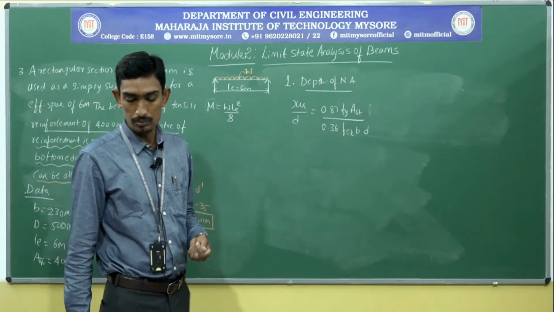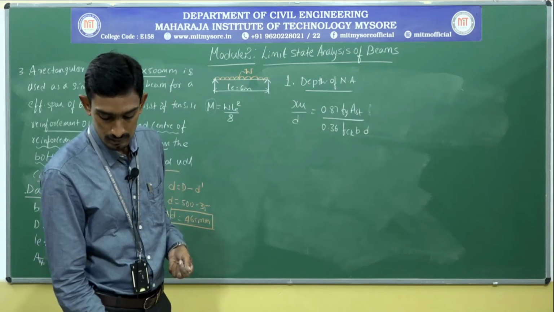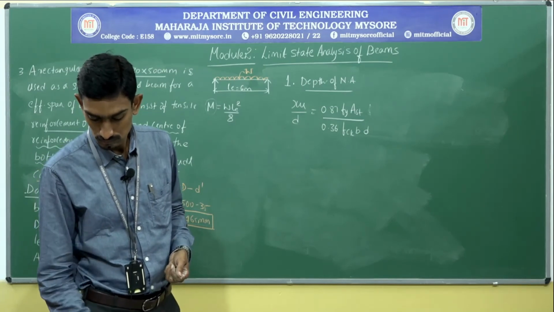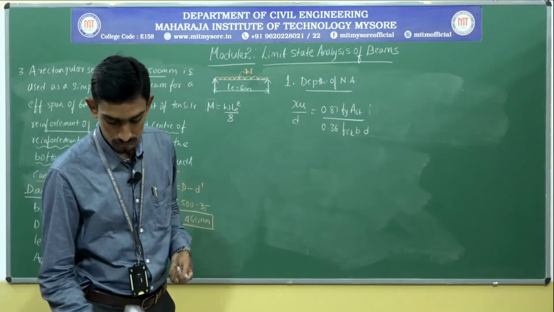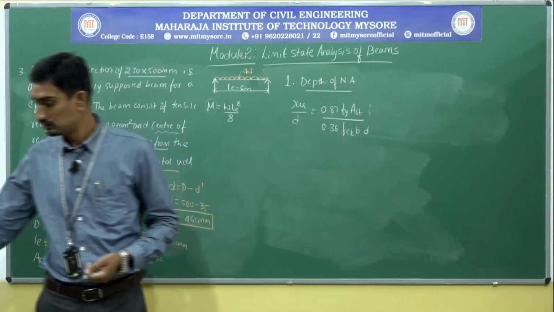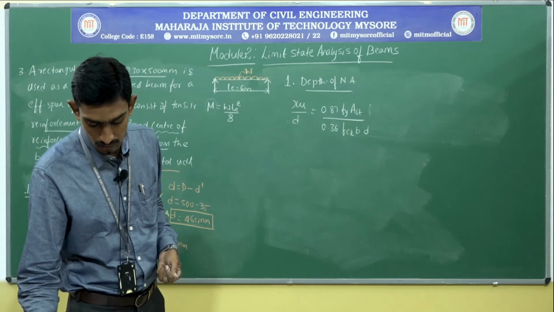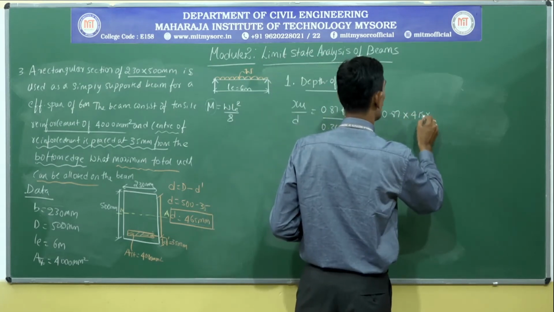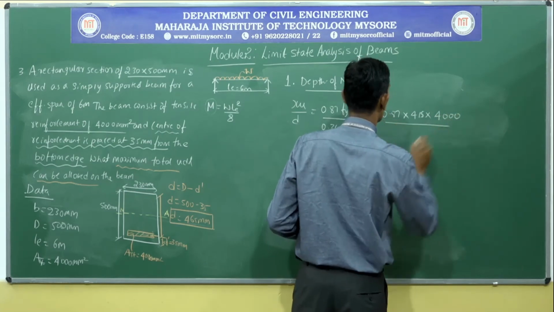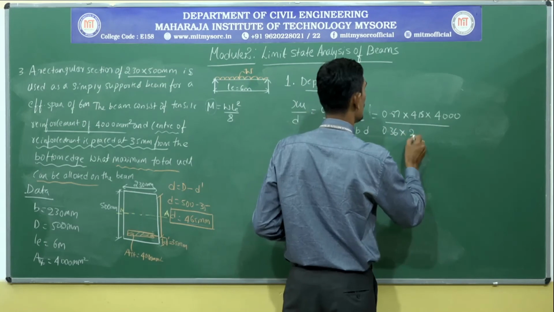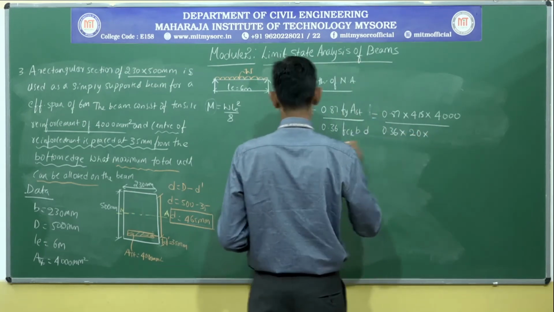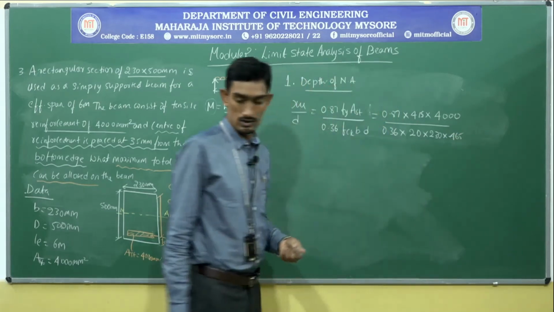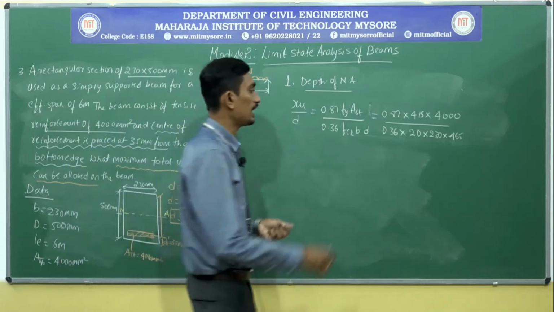This works out to be 0.87 into 415 into Ast, directly given as 4000, divided by 0.36 into 20 into width b is 230 into effective depth 465. So this works out to be 1.87.